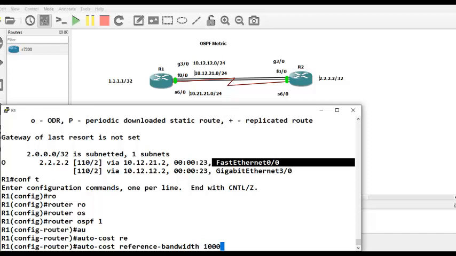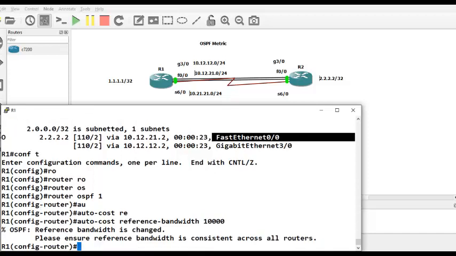If I give 10,000, what will happen? The cost on gig Ethernet will become 10, fast Ethernet will become 100. So here you will see 11. 10 plus the loopback cost 1, 11.